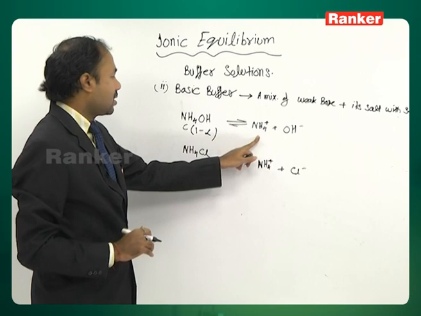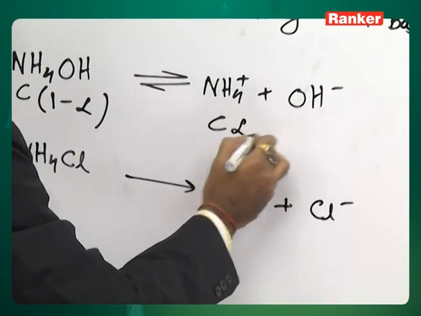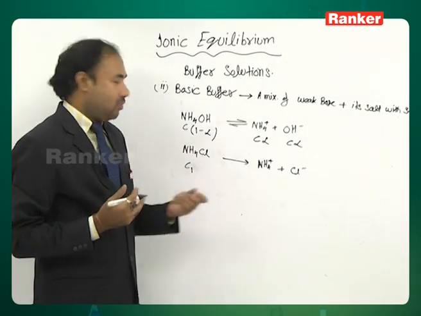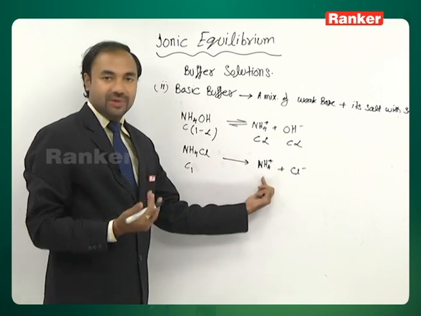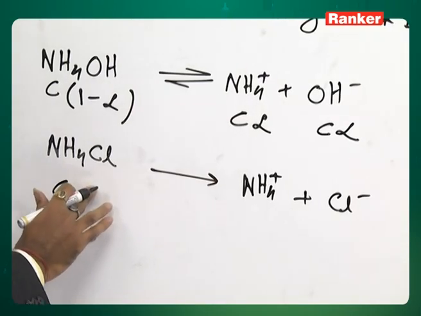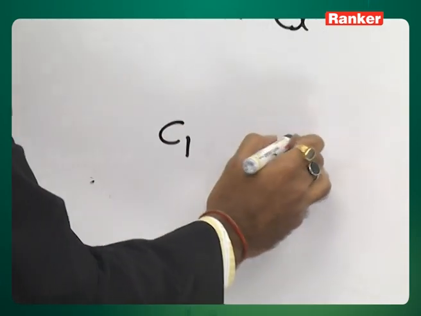So the concentration of ammonium ions at equilibrium will be C alpha, as well as hydroxide ions C alpha. Now, this is dissociating 100%, or so we assume. So the concentration of ammonium ion coming from dissociation of ammonium chloride will be C1, as well as chloride ion C1.